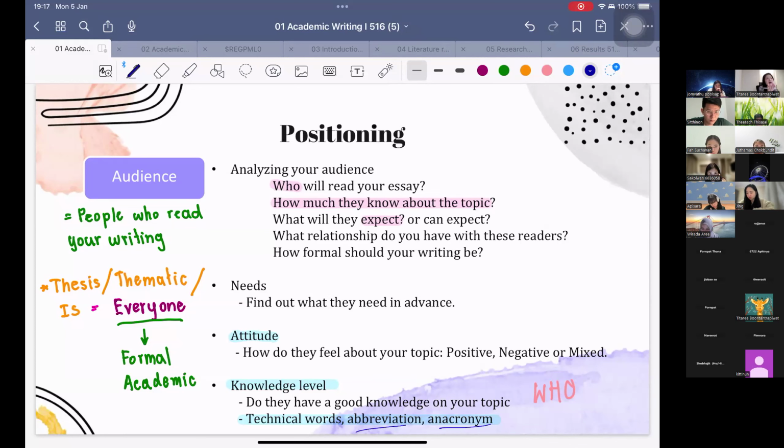In terms of your audience, if you know your audience, it will help enhance your writing to match their expectations. Another thing is that if your topic is positive, it's going to be easier to write.